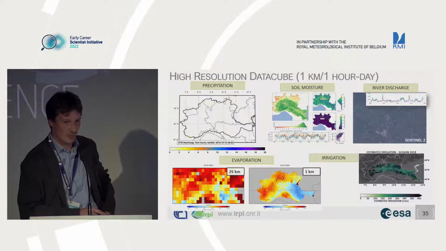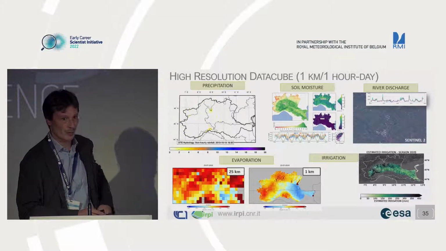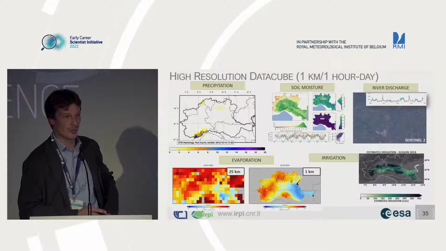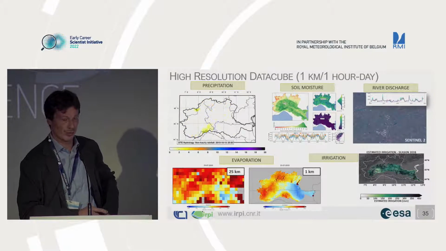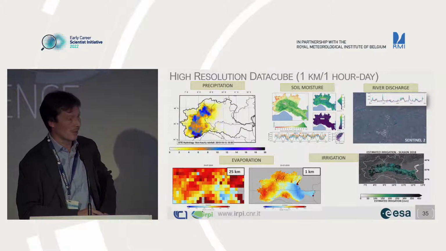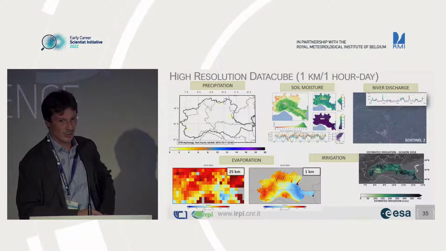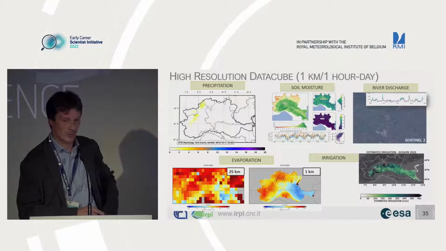Then by using satellite data, we can extend everywhere, but we have no ground observation that can be used for assessing this kind of data. The idea is to indirectly assess the products by using this data as input into the modeling, and to see what is the impact on the water cycle. But it's really something completely new.